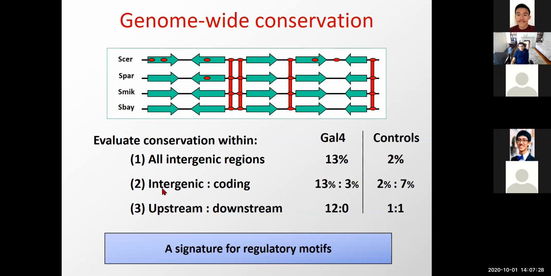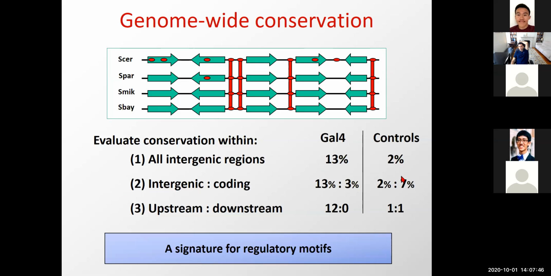We also looked at intergenic conservation, basically how well is it conserved between genes, versus coding conservation, how well is it conserved within protein coding regions. And what we found, surprisingly, was that the GAL4 motif was in fact preferentially non-conserved within coding regions.